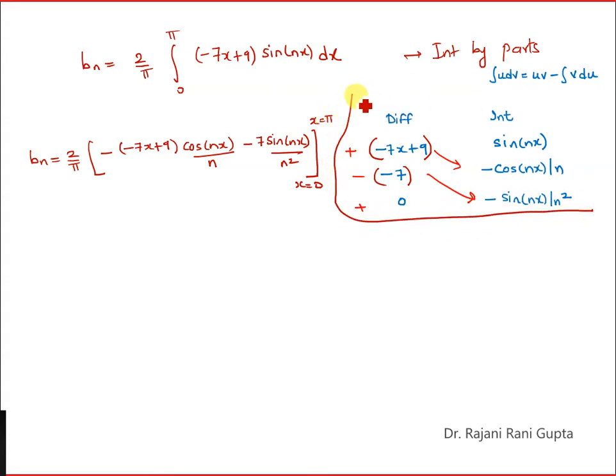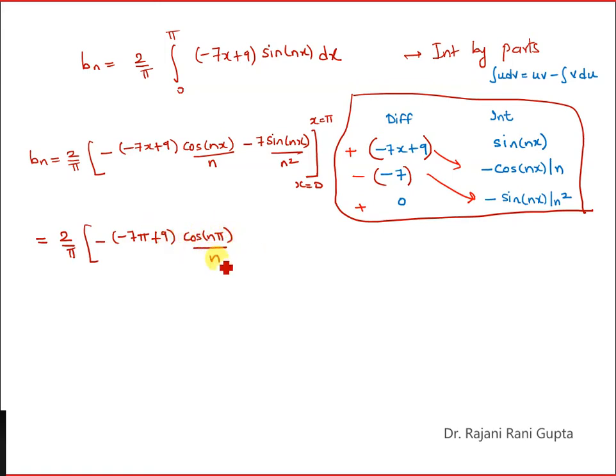Then how do we do it? We just substitute the limits. So 2 over pi times: replace x by pi, so minus (7 pi plus 9) cos(n pi) over n minus 7 sin(n pi) over n square. This is when x is pi.